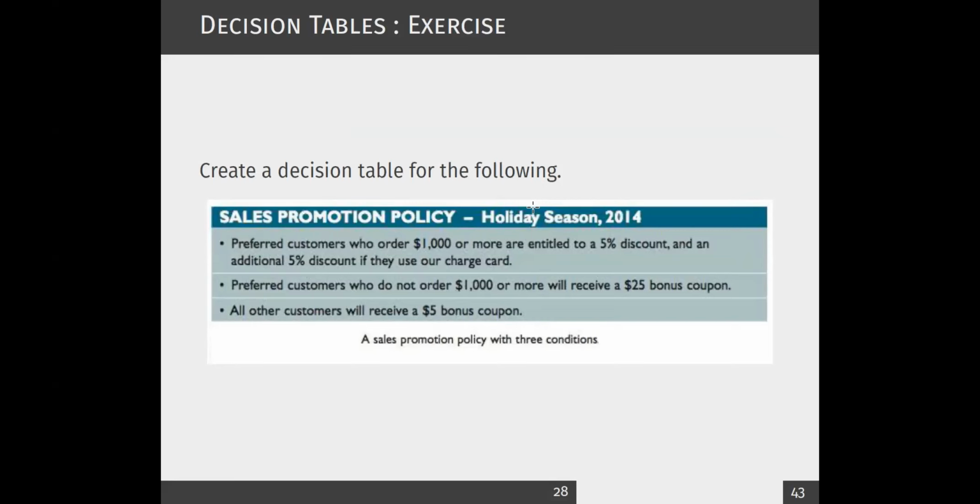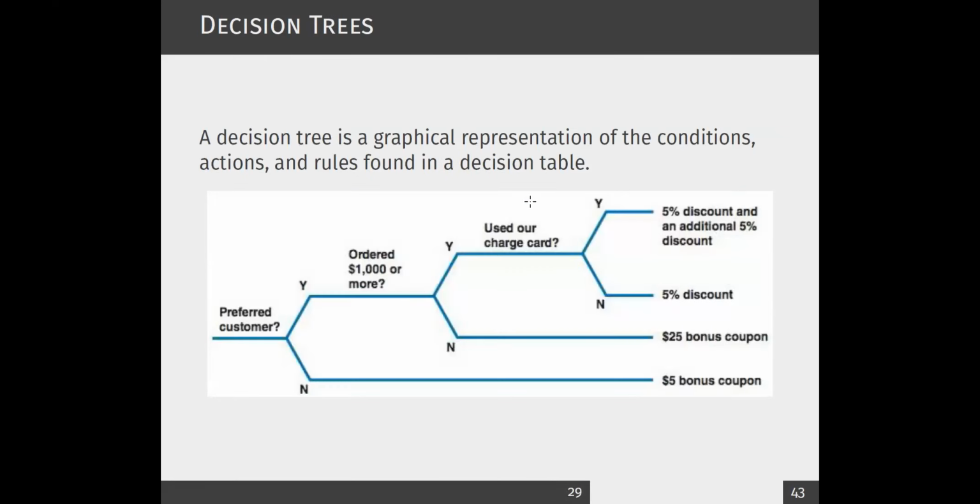But then if you need more examples or a more simplified graphical representation, we can use what we call decision trees. So this decision tree actually represents the same thing that we have put out in the decision table, right? Your conditions, actions, and the rules.